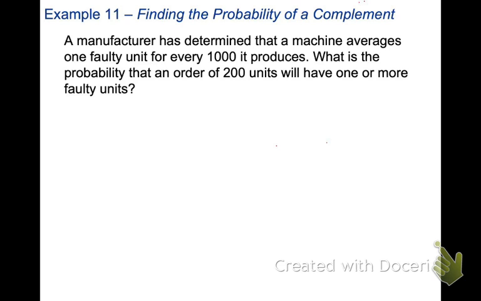But on this one, do we want to go 1 to 200 and add those? No, not at all. So we're going to use the complement to help us out.